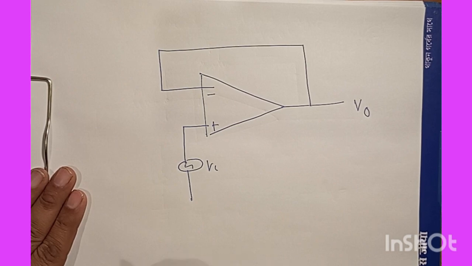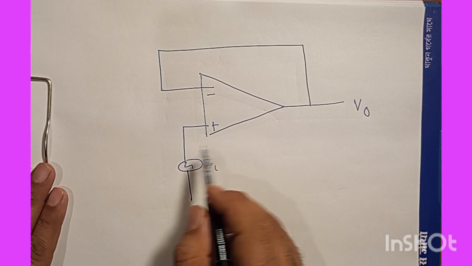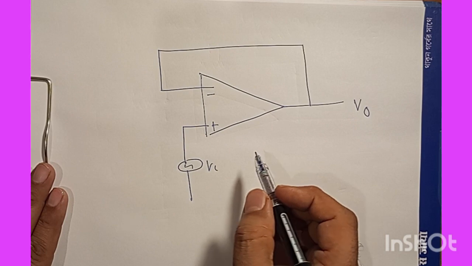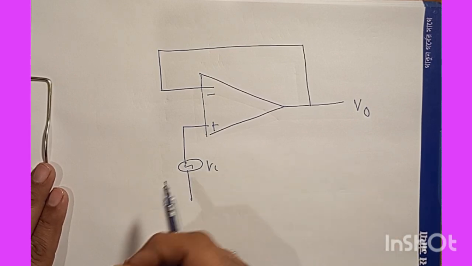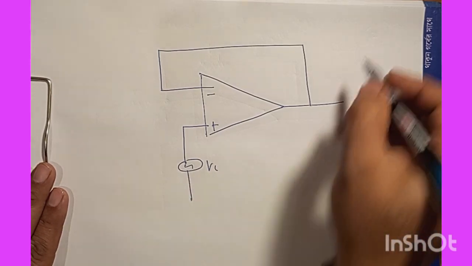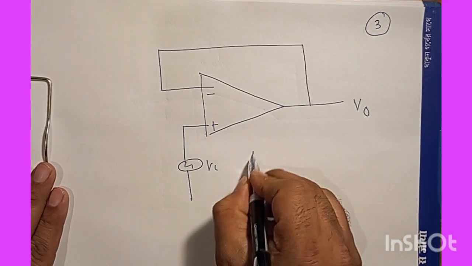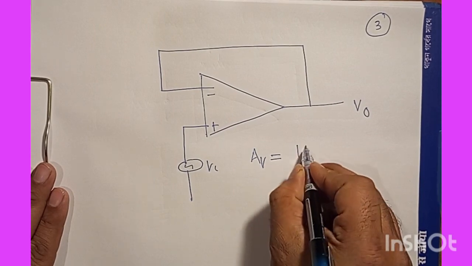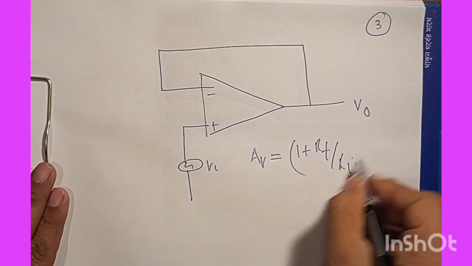All right, this should be the case, and we can immediately think about the gain, because basically it was an arrangement of a non-inverting operational amplifier, and we are aware that the gain is 1 plus RF by RI.